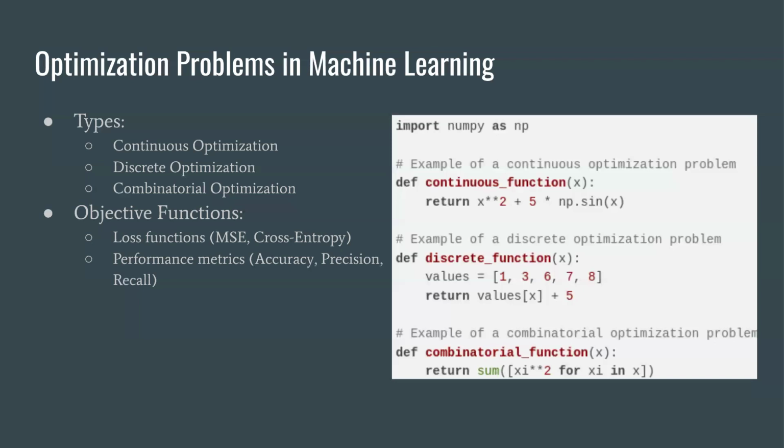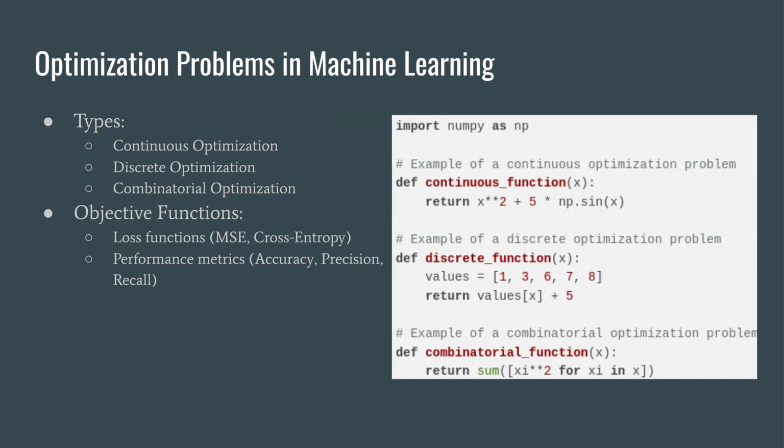And these can be broadly classified into continuous optimization, where we seek to find the minimum or maximum of a continuous function, and discrete optimization, which involves selecting the best solution from a finite set of possibilities, and combinatorial optimization, where the goal is to find the best combination of elements.